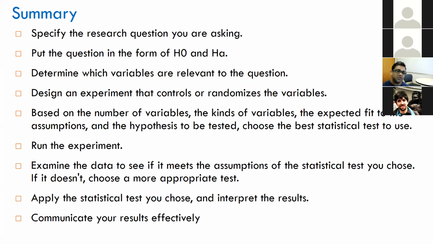This is the entire summary of your research journey. You have to follow these steps carefully, and then you can write your thesis. So these are pretty important. Try to follow these steps and then communicate your results effectively, right?